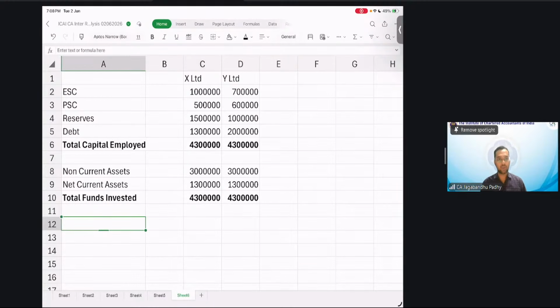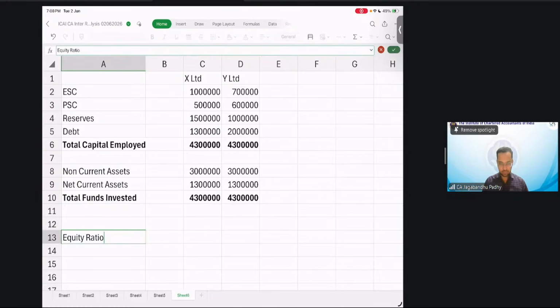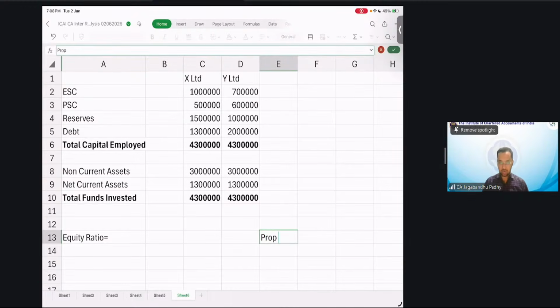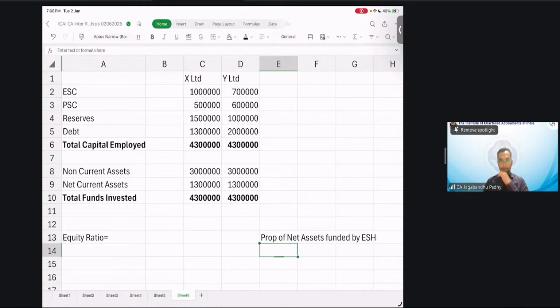So first, let's talk of equity ratio. Equity ratio is going to tell us the proportion of net assets funded by equity shareholders.